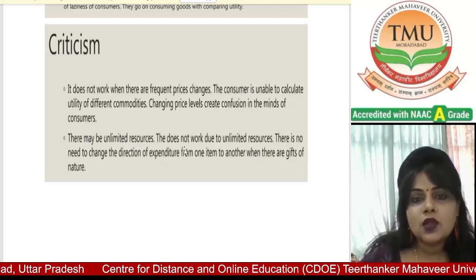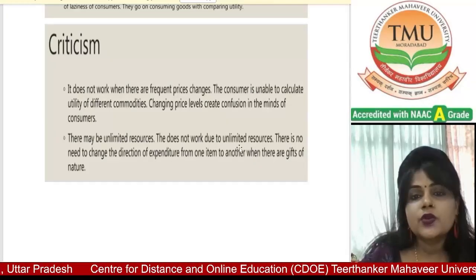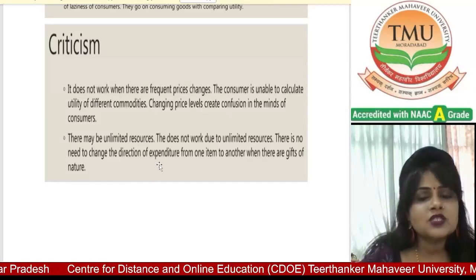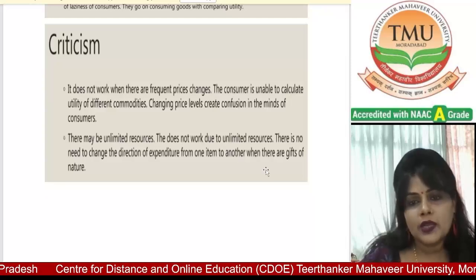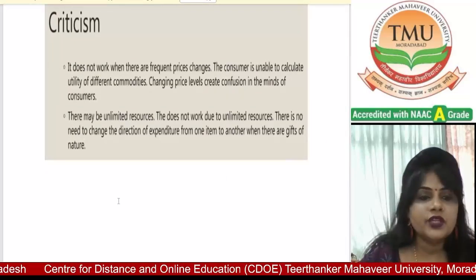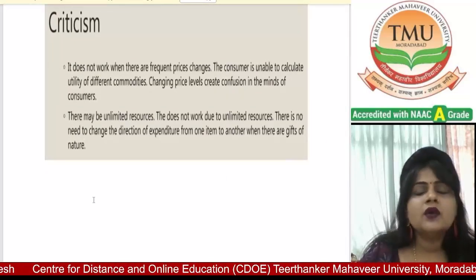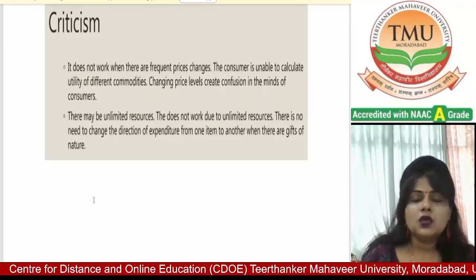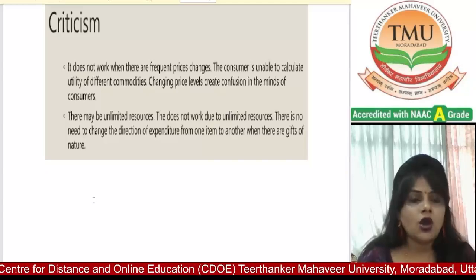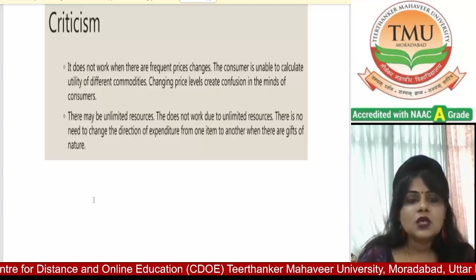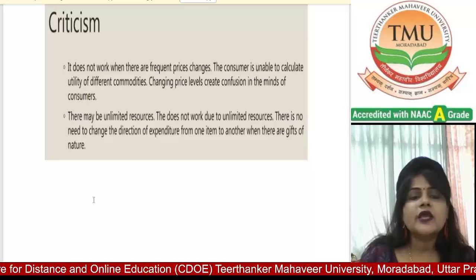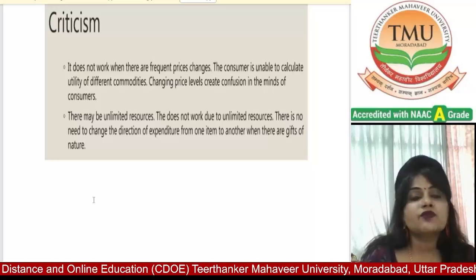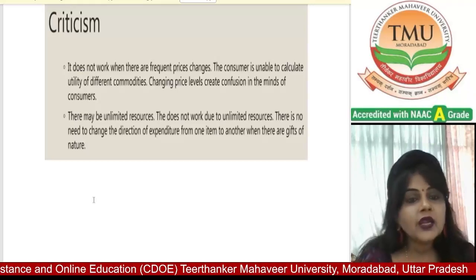Unlimited resources: the law does not work due to unlimited resources. There is no need to change the direction of expenditure from one item to another when there are gifts of nature. And if there are unlimited resources, and if the organization is insufficient, business will fail to achieve the best result from the units of land, labor, and capital.